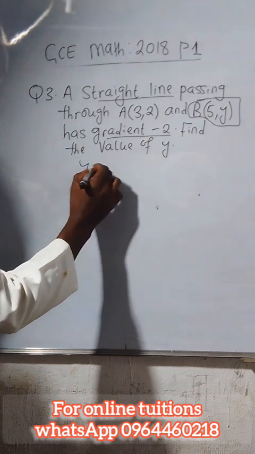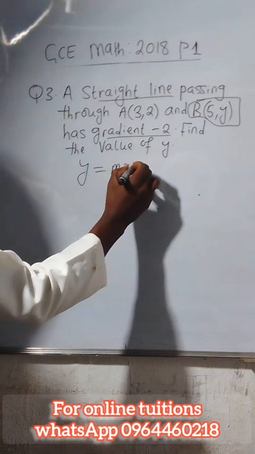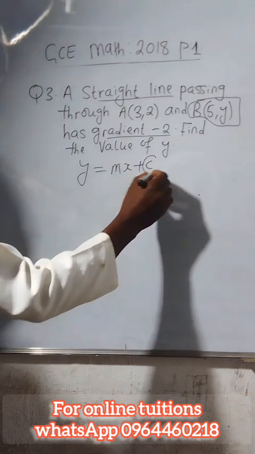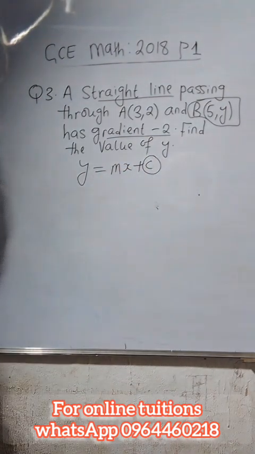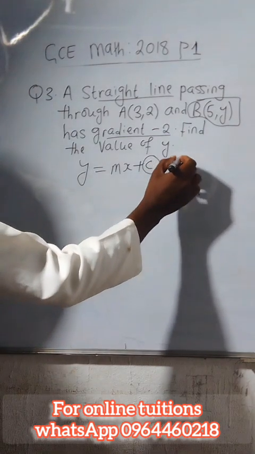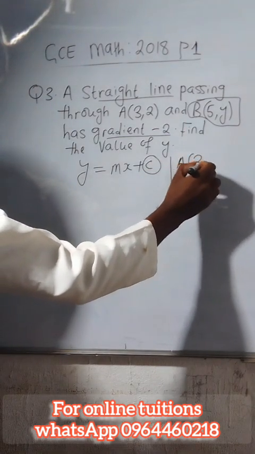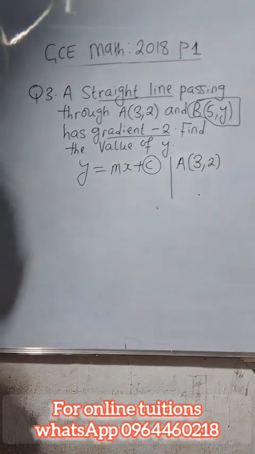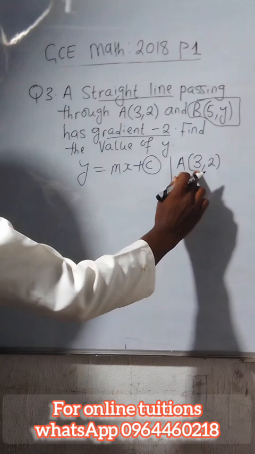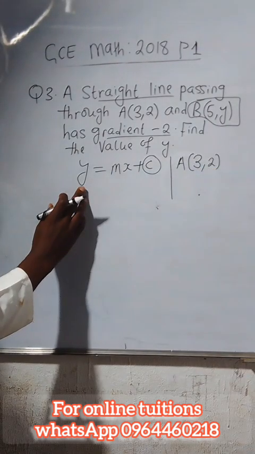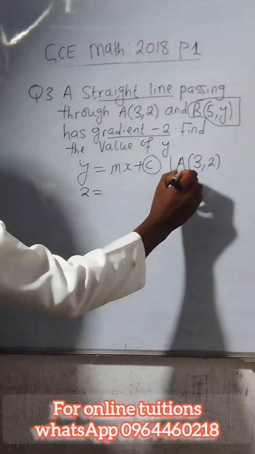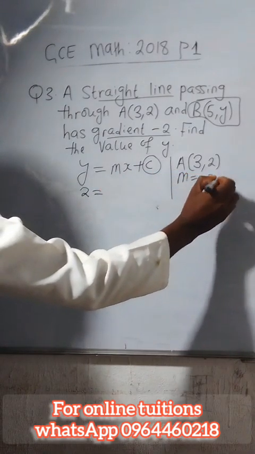First of all, the standard equation is y = mx + c, and from there what we need to find first is the value of c. We use the complete coordinate A (3, 2), so 3 is x and 2 is y. So we put 2 for y. Then m is the gradient, which is -2.